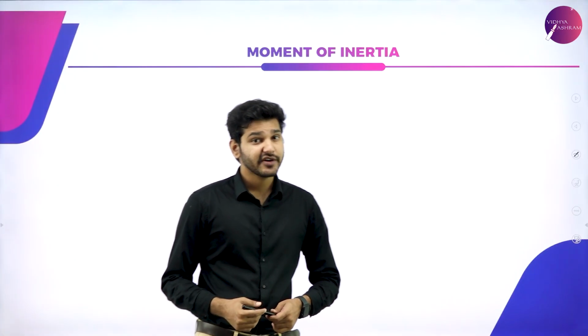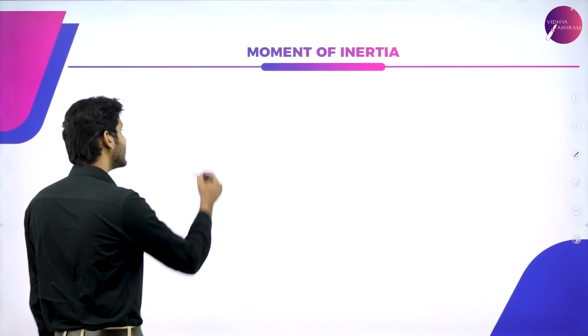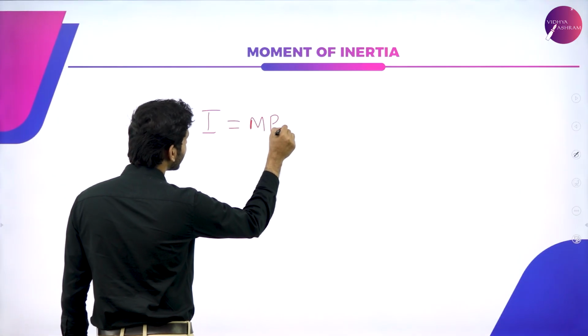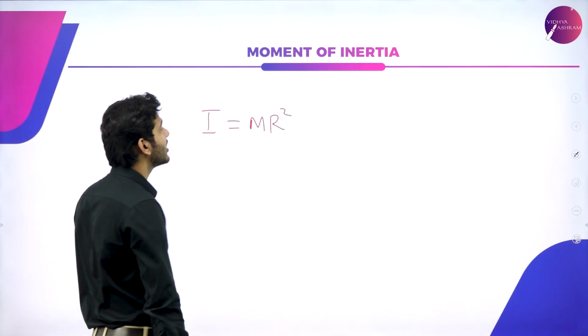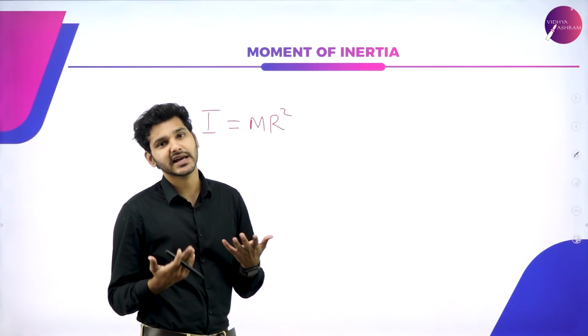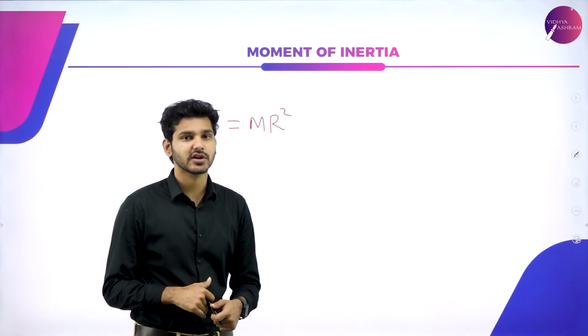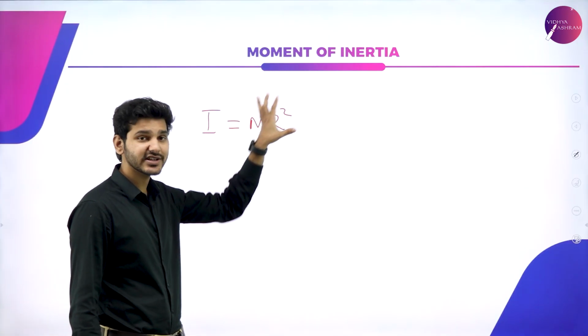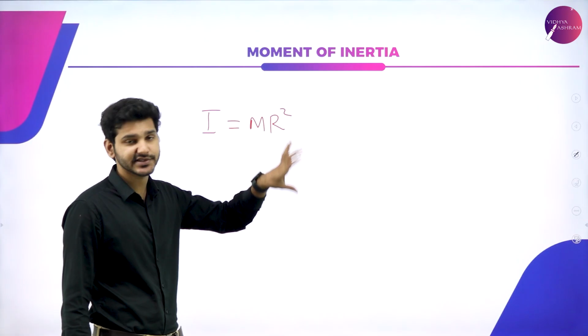So the only thing you have to remember is that moment of inertia is indicated by I, which is given by the equation mr square generally, because depending on the axis and the material, we have to make some modifications on this. That we'll see very soon, but for now know that moment of inertia is generally represented as mr square.